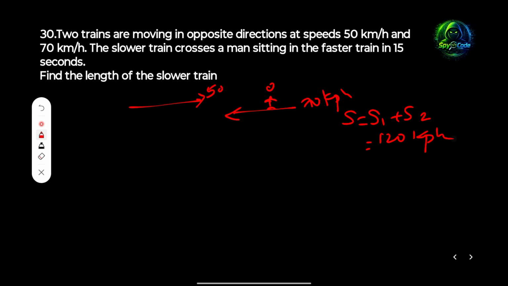So the slower train passes the man in 15 seconds. We need to find the distance, the length of the slower train. Distance is speed into time.